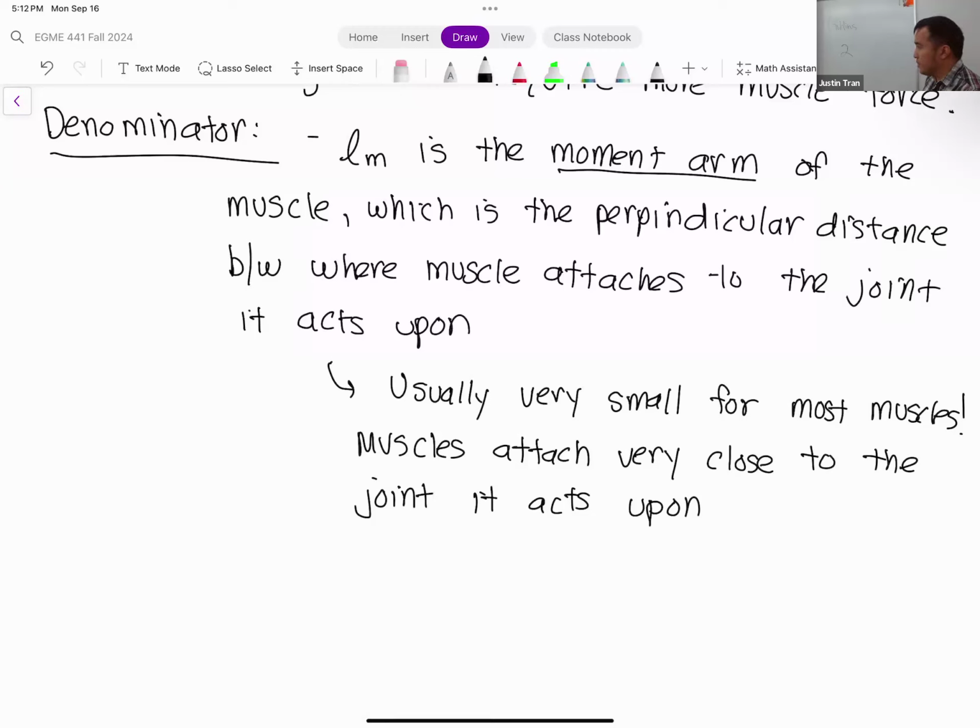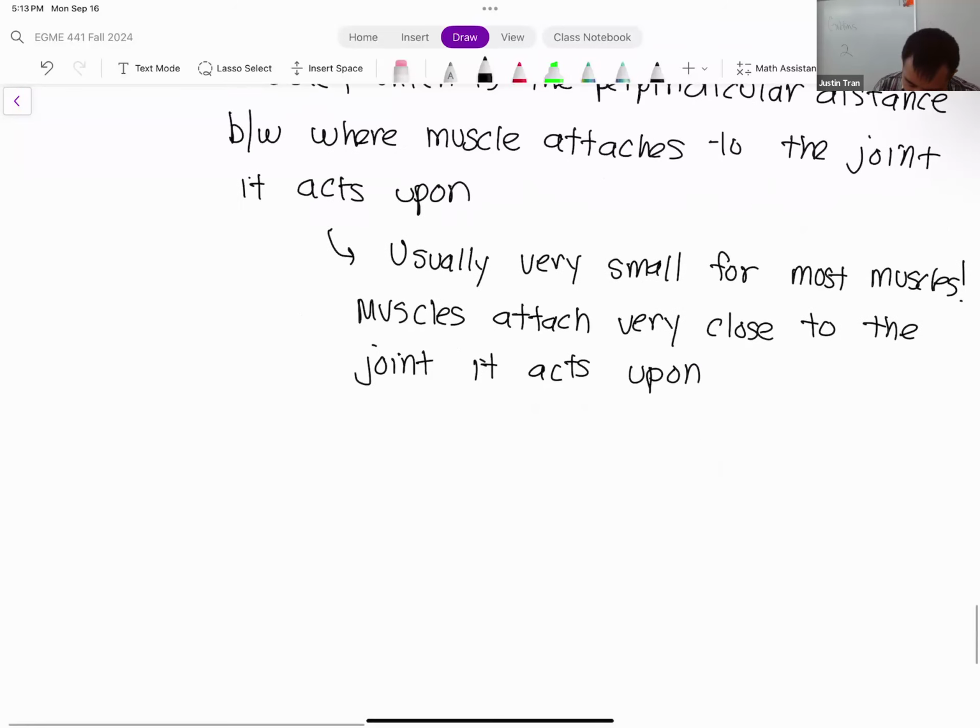So just to give you some typical numbers, for the average person, the length of their forearm is about 32 to 35 centimeters. Okay. Right.